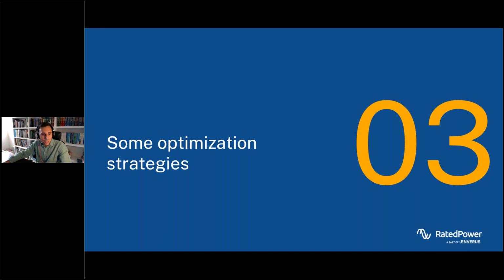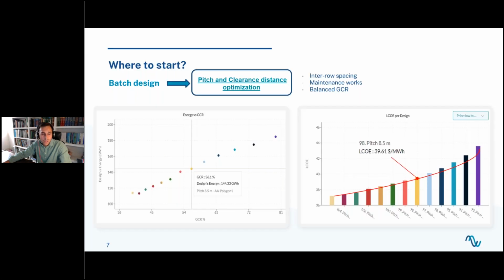The first strategy, and the point to start optimizing our PV plant and PV design, could be to run batch designs. An important and simple exercise is to run a batch design and optimization process on the pitch and clearance distance. Why? Because sometimes we have available area, but we don't really know what the optimal pitch is, or whether we can install structures with a different pitch while verifying that we have reached or surpassed the power that we are aiming for.